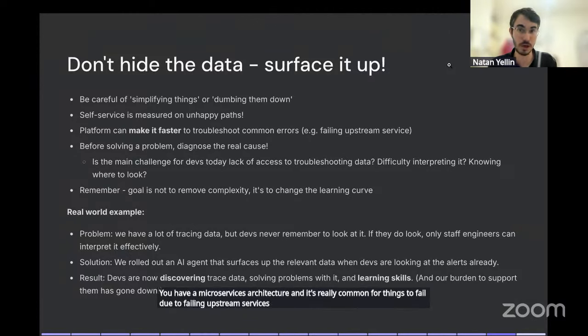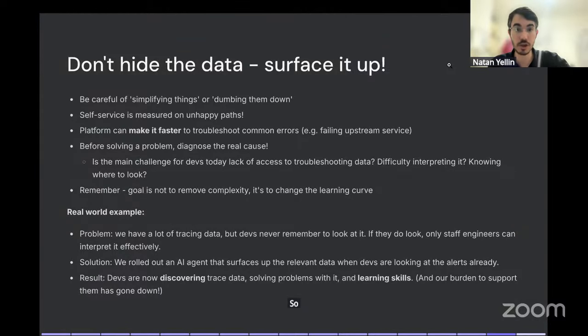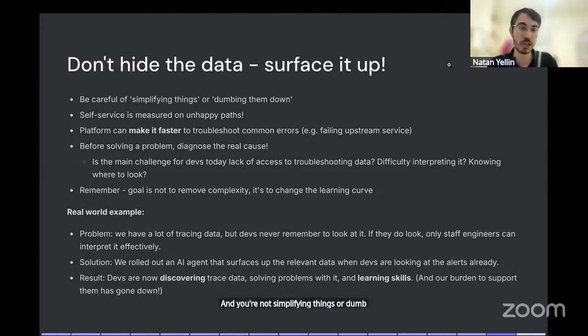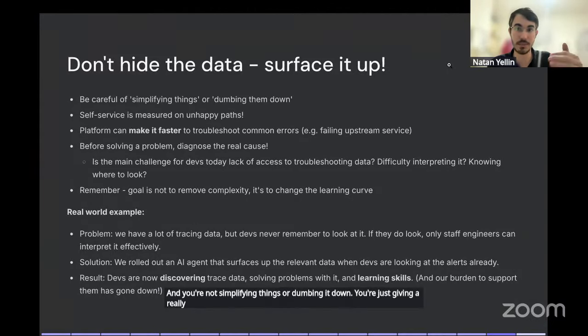And that's a really annoying, hard problem to troubleshoot, right? So you can make it faster for people to troubleshoot those common types of errors, for example, by adding tracing into the platform, making it really easy to get up and running. And you're not simplifying things or dumbing it down. You're just giving a really easy on-ramp to get some of these capabilities and to learn more over time incrementally.